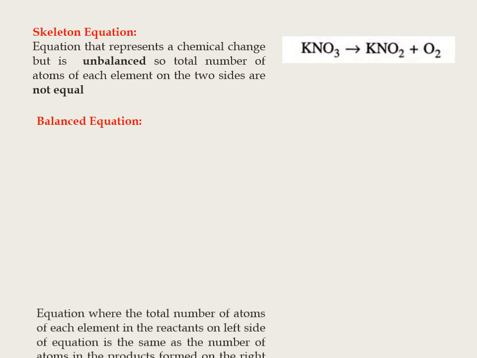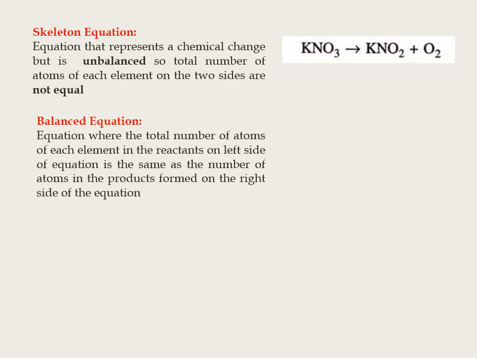Balanced equation. It is an equation in which the total number of atoms of each element in the reactants on the left side of the equation is the same as the number of atoms in the products formed on the right side of the equation. Example, CaCO3 gives CaO plus CO2. In this equation, the number of atoms of Ca, C and O on both sides is the same.